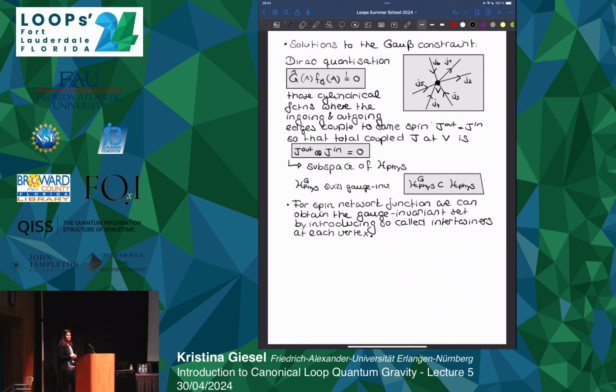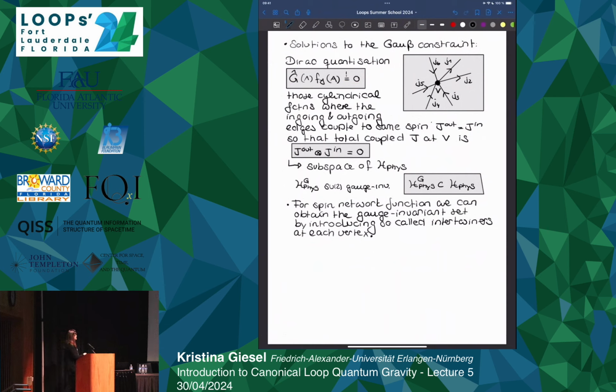And if we go back to this expression, if this should vanish, I can make that vanish if I ensure that the total spin to which all ingoing edges couple is the same total spin to which all outgoing edges couple. This is basically denoted here by j out and j in.